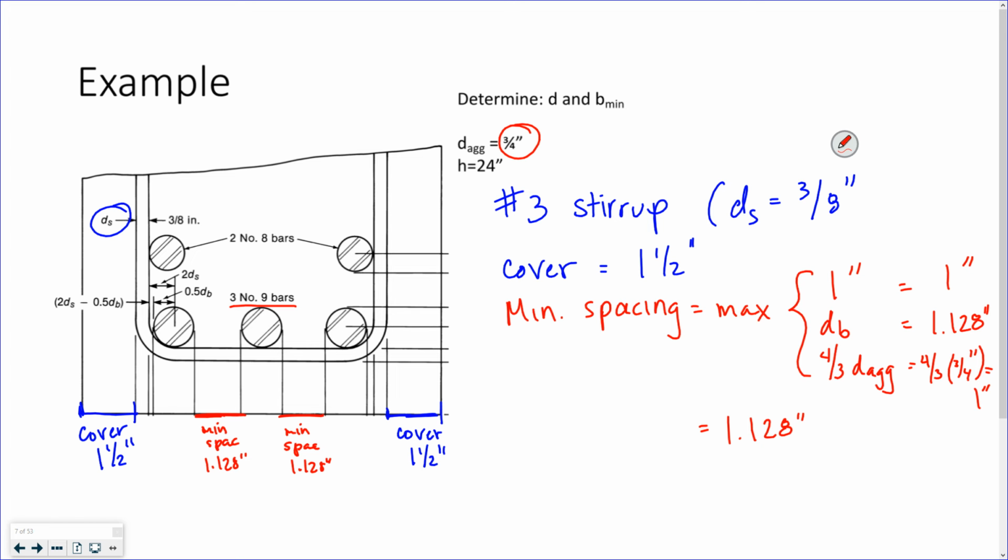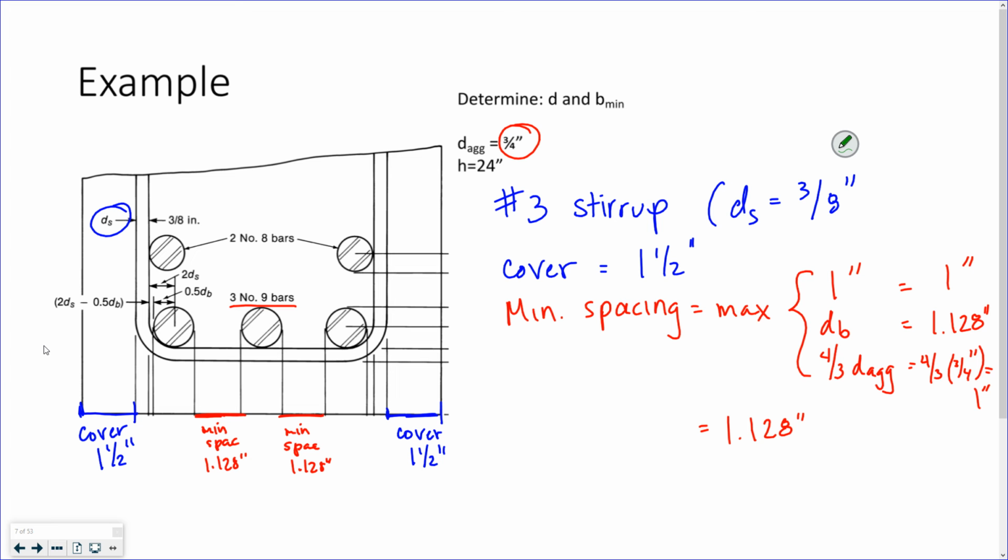My next part is going to be something new. You see how I've got this bend in my hoop, right? Or my stirrup. Maybe it's the exact same diameter as my longitudinal bars, maybe it's not.